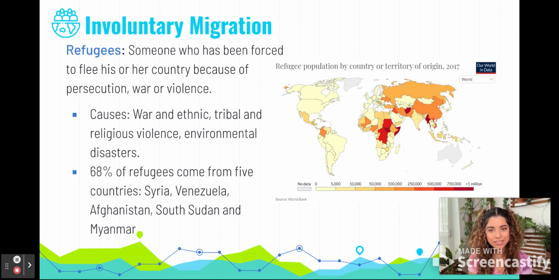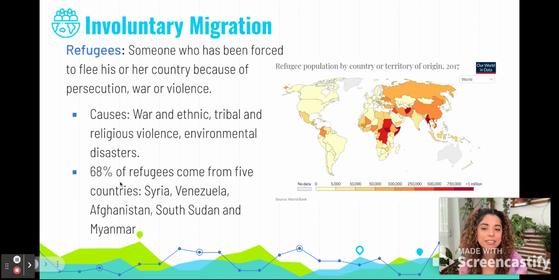So we have refugees. These are people who've been forced to flee their home country because of persecution, war, or violence. Typically, these causes are war, ethnic, tribal, or religious violence, and then also environmental disasters. That's another category of refugee, like a climate refugee. 68% of refugees come from 5 countries: Syria, Venezuela, Afghanistan, South Sudan, and Myanmar.